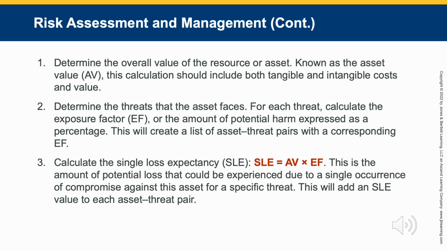Calculate the single loss expectancy, which is: single loss expectancy equals the asset value times the exposure factor. This is the amount of potential loss that could be experienced due to a single occurrence of compromise against the asset for a specific threat. This will add an SLE value to each asset threat pair.